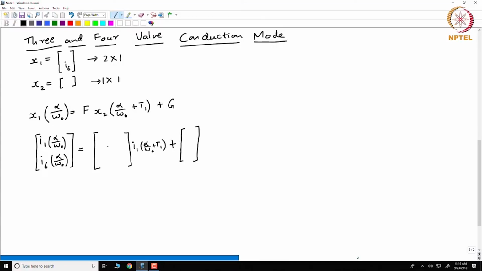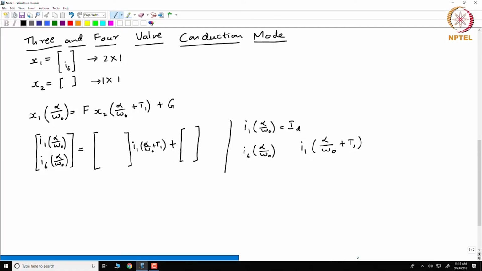See, what I am trying to say is I1 at alpha by omega O is a known quantity, that is equal to ID. Then can I relate I6 at alpha by omega O and I1 at alpha by omega O plus T1? Are the two related?